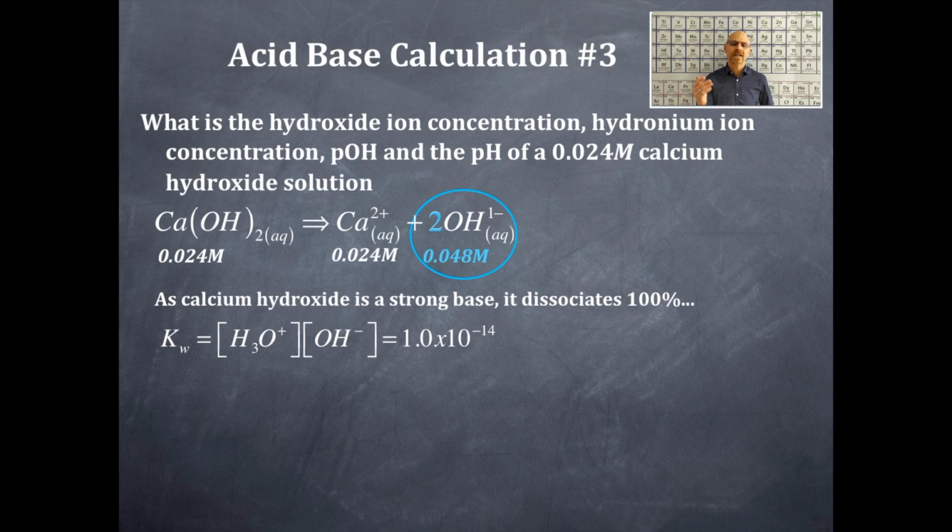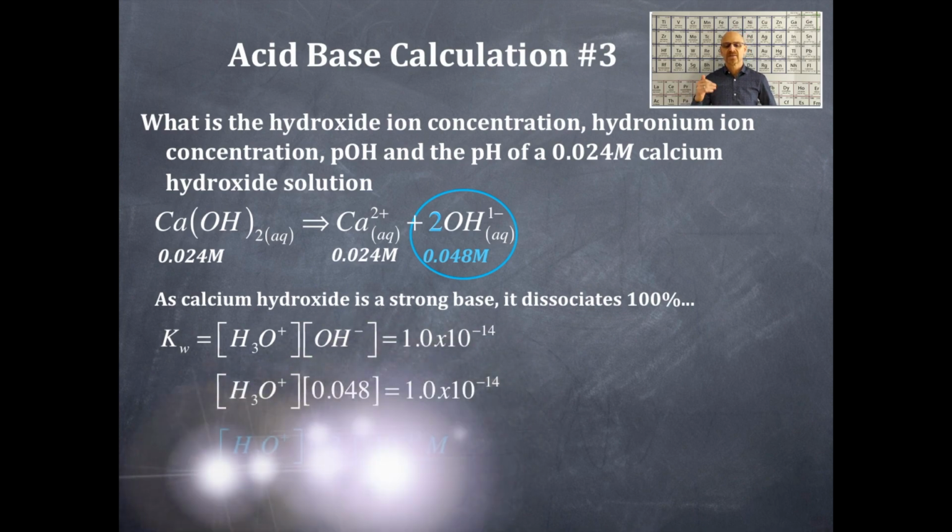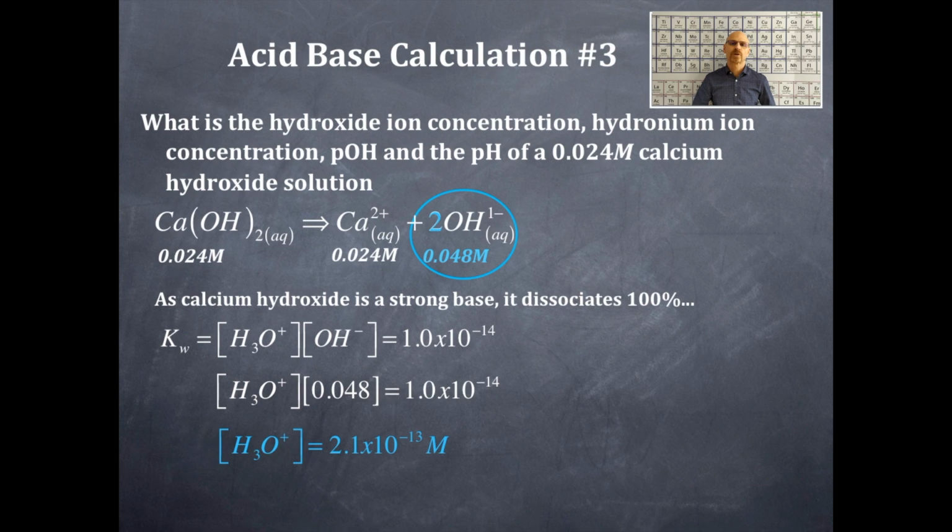I plug in the hydroxide ion concentration, then divide both sides by it, and I get the hydronium ion concentration. So now I've solved for the second thing: the hydronium ion concentration is 2.1 times 10 to the negative 13 molar, that is moles per liter.